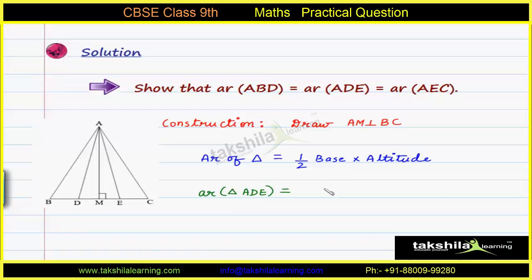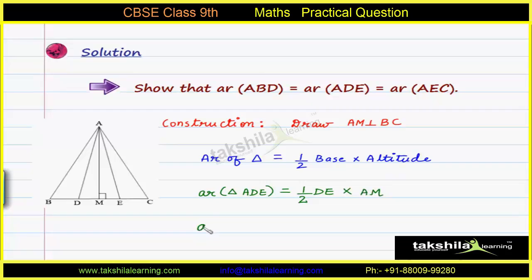Applying the formula of half base into altitude, for triangle ADE we can see that base is DE. So here we will write half DE into altitude, and the corresponding altitude for base DE here is AM.